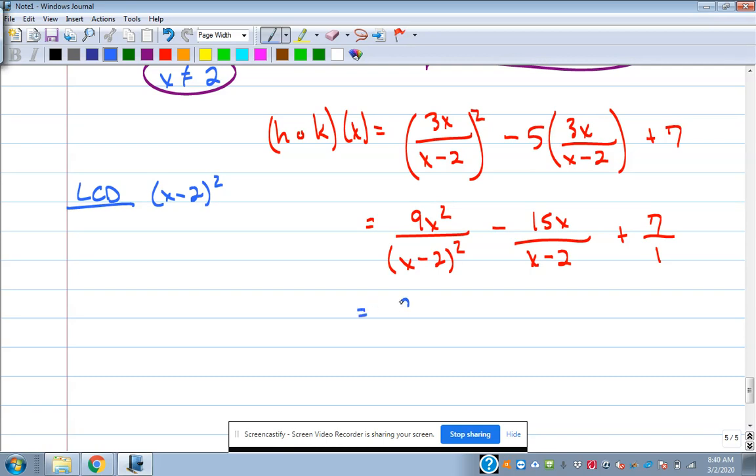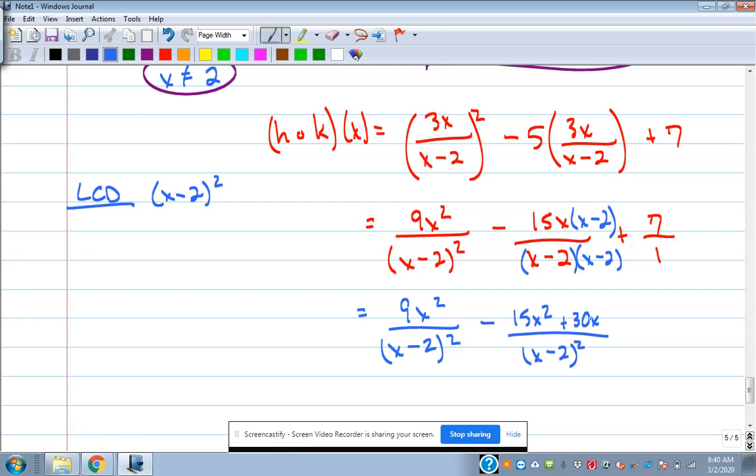So the first fraction I don't have to do anything to. It's already got the right denominator. But the second fraction, I need to multiply it by x minus 2 on top and bottom. So that's going to give me negative 15x squared plus 30x over x minus 2 squared. The third fraction only has a 1 in the denominator, so it needs the x minus 2 squared on top and bottom. So x minus 2 squared will be x squared minus 4x plus 4.